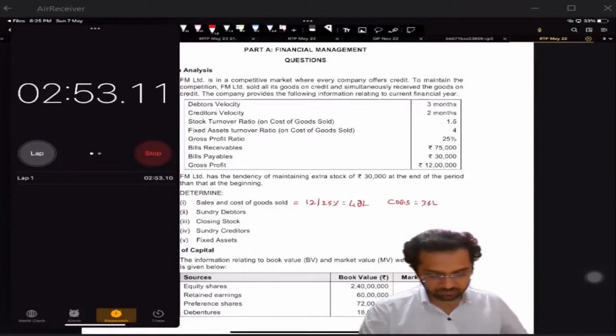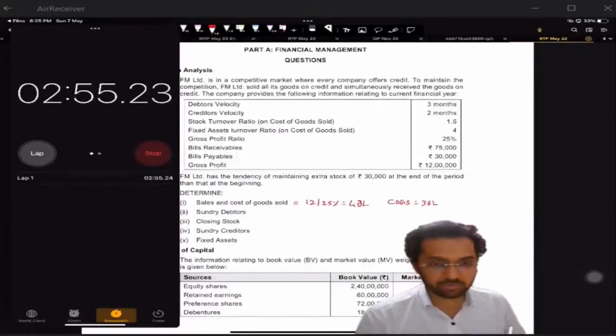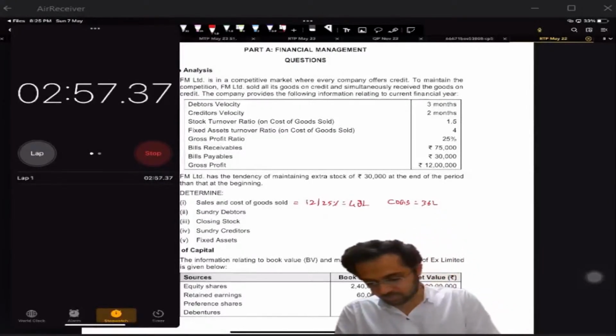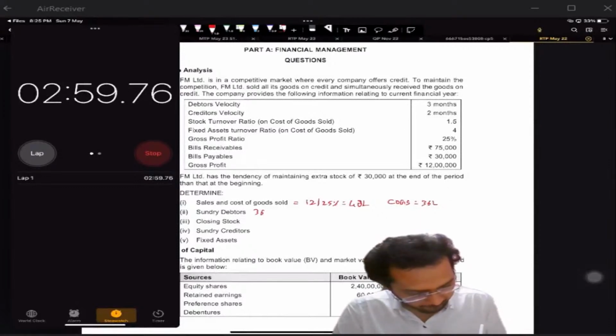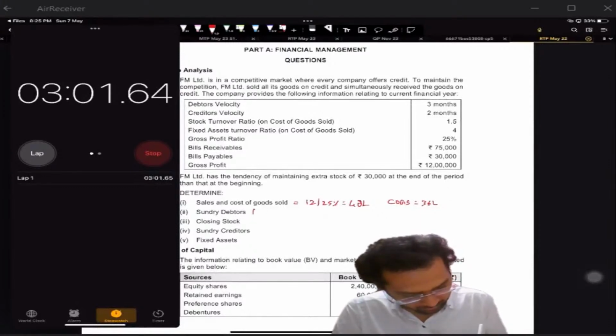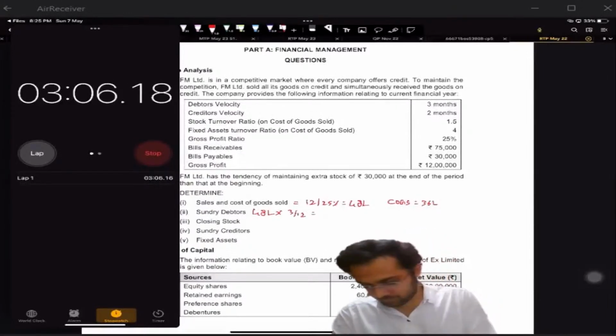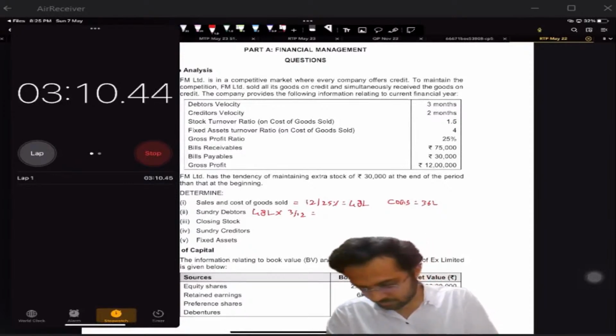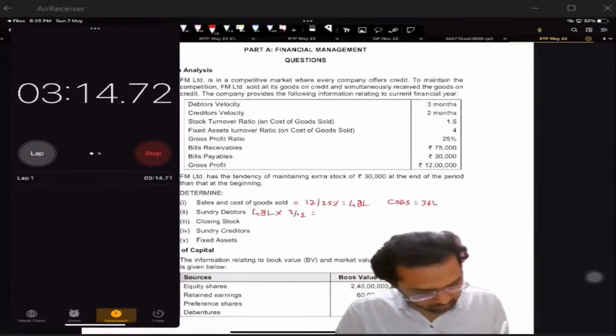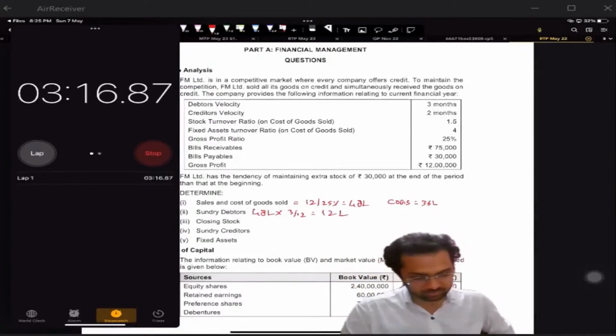Sundry debtors: 3 months is the debtors period, so it should be 48 lakhs into 3 by 12, which comes out to be 12 lakh sundry debtors.